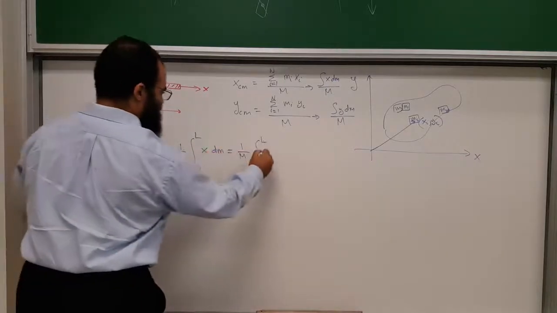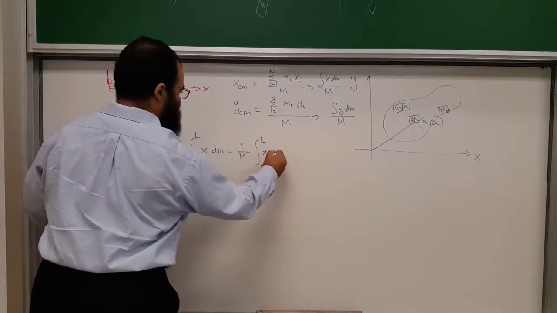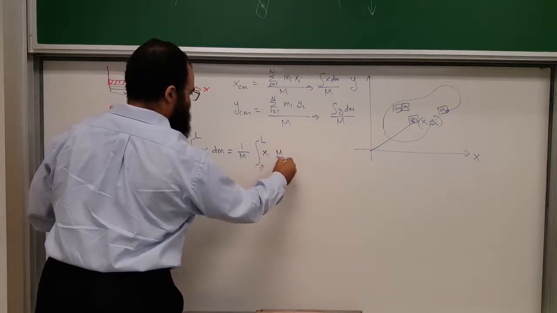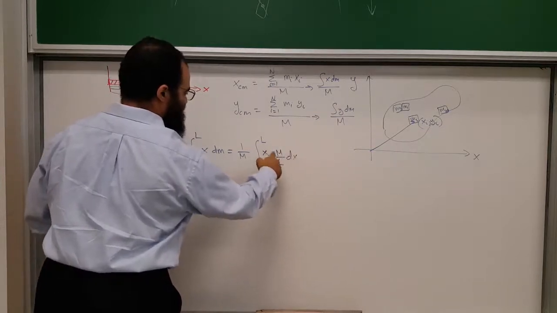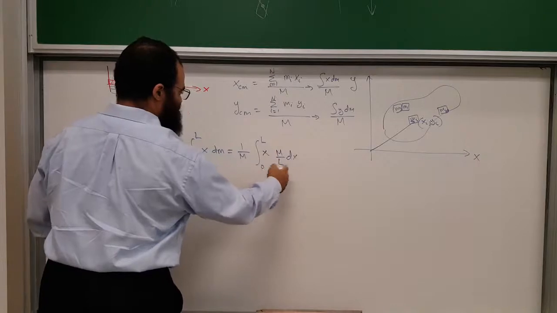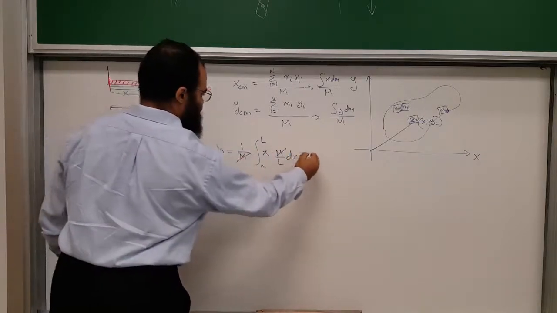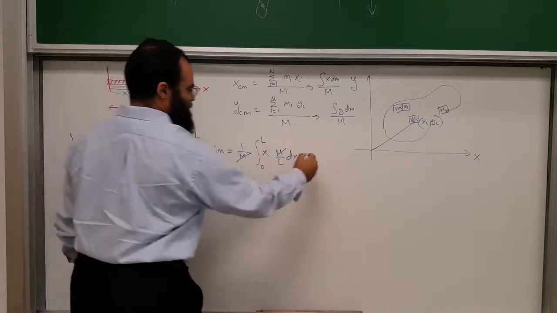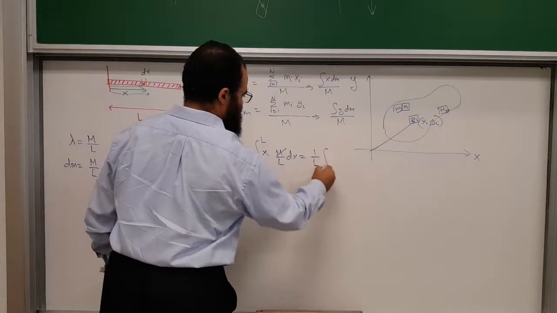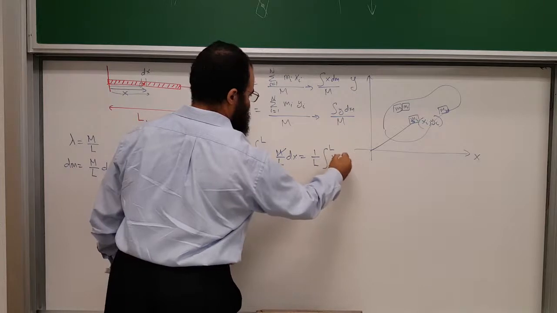So I have x here, and then for dm, I'm going to write M over L times dx. The capital M is constant, capital L is constant, so they come out of the integral. By the way, this cancels. And so I have the 1 over L comes out, and then the integral from 0 to L of x dx.